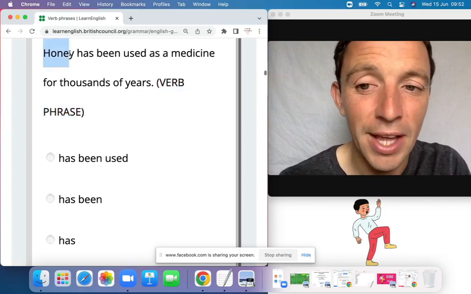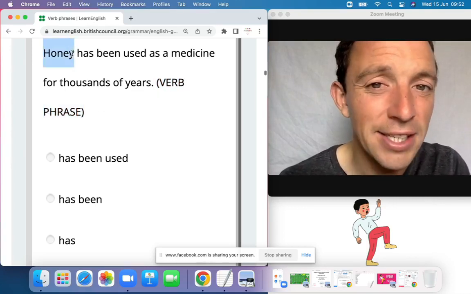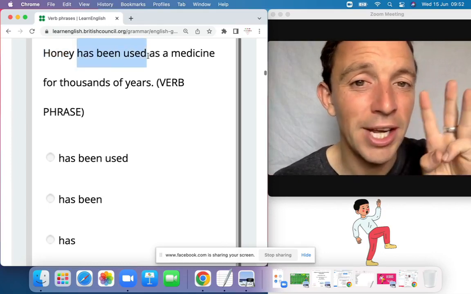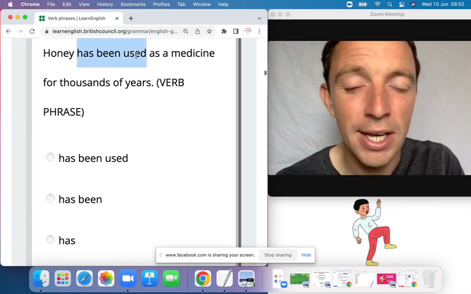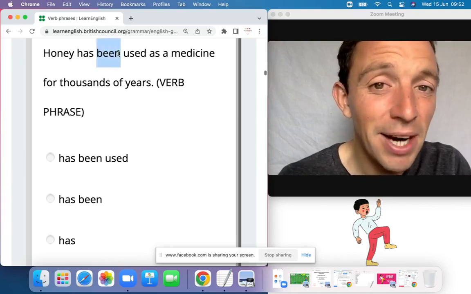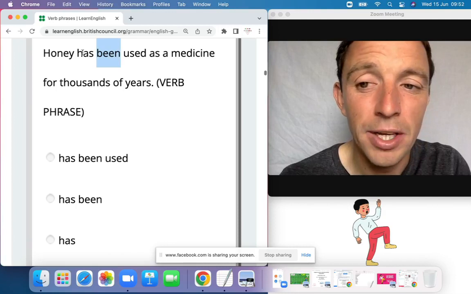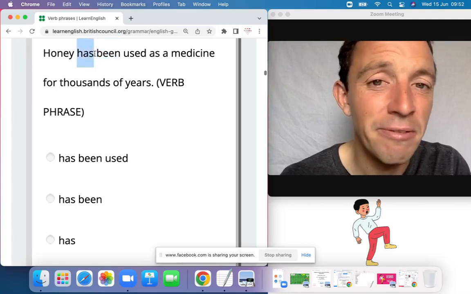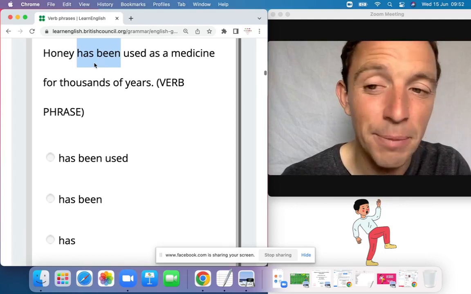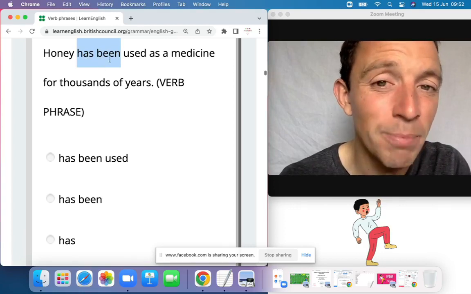So honey is the subject or the object. The verb is to have, to be, and to use. We have 3 different verbs. The verb to be is in the past participle, plus the auxiliary verb have. This is considered the present perfect because has is the present.